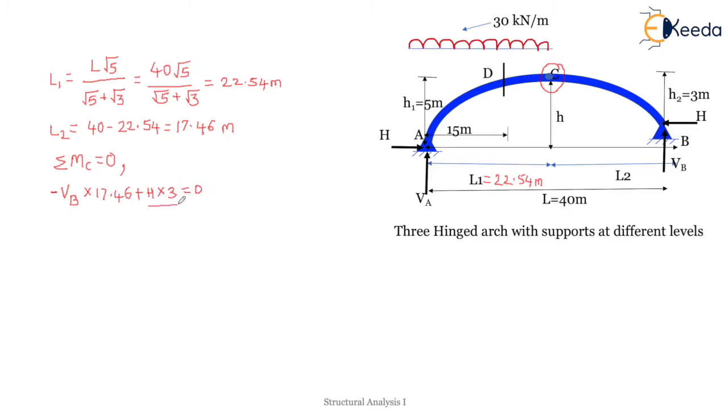So when this part goes to this side, both will be minus, so the sign will get cancelled. Then we get VB into 17.46 is equal to 3H. So we can write our horizontal thrust H in terms of VB: 5.82 VB. This is our answer we get.